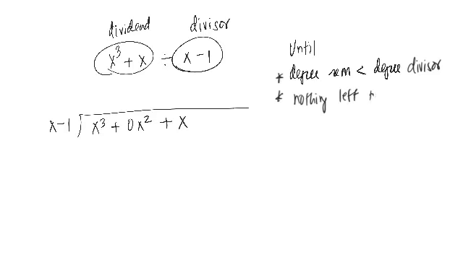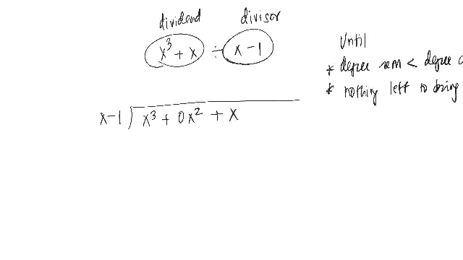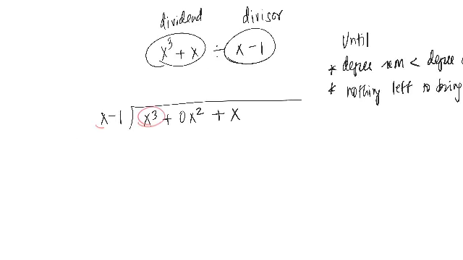Okay, so let's see how this works. So here I'm going to start again by dividing just the front term here by the front term here. So I get x squared, then multiply x times x squared and negative 1 times x squared, then subtract, and then bring down, okay?